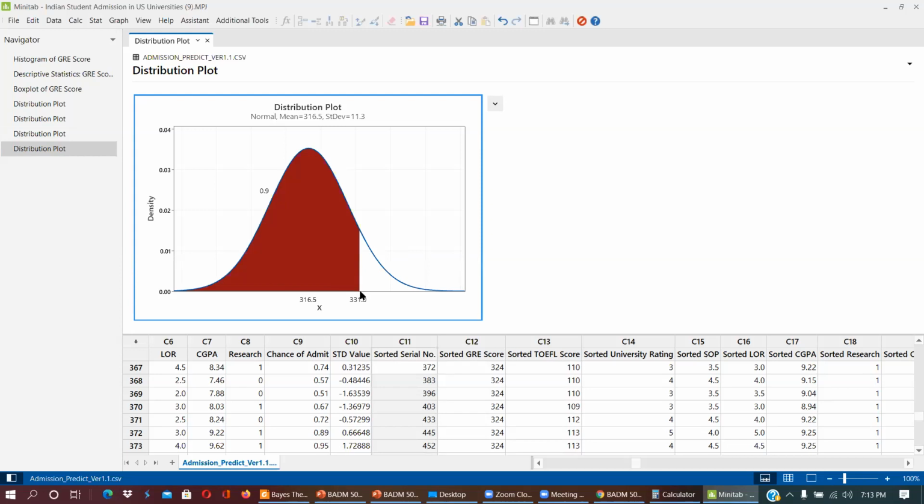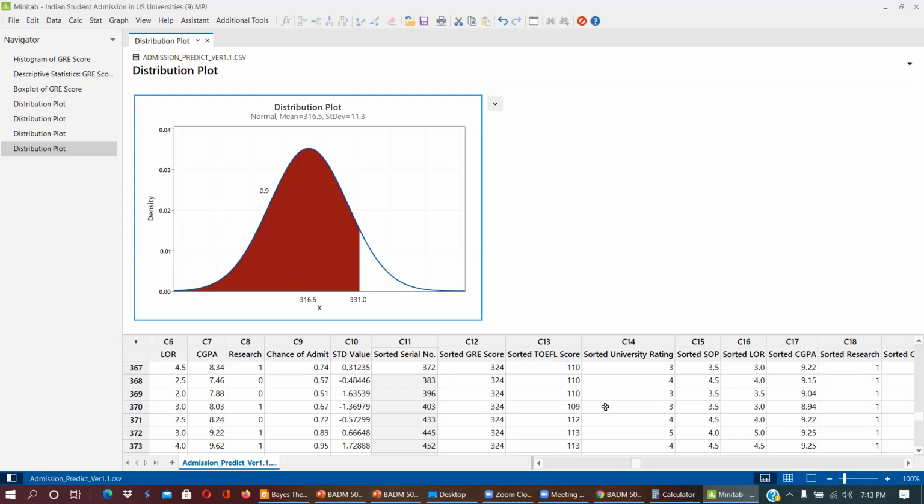If anyone scored less than 330 versus 331 plus, they are all about the 90 percentile. So if you know the mean and standard deviation, you can do these types of calculations.